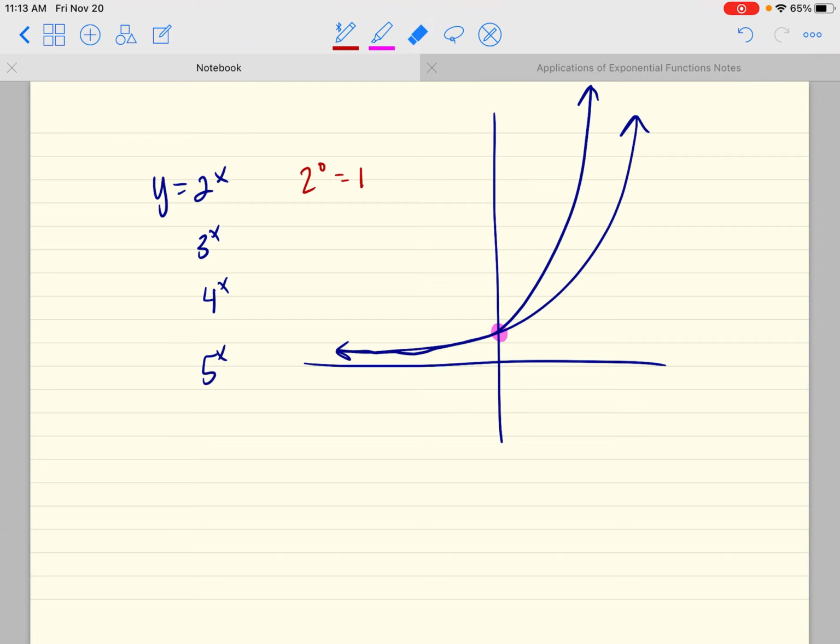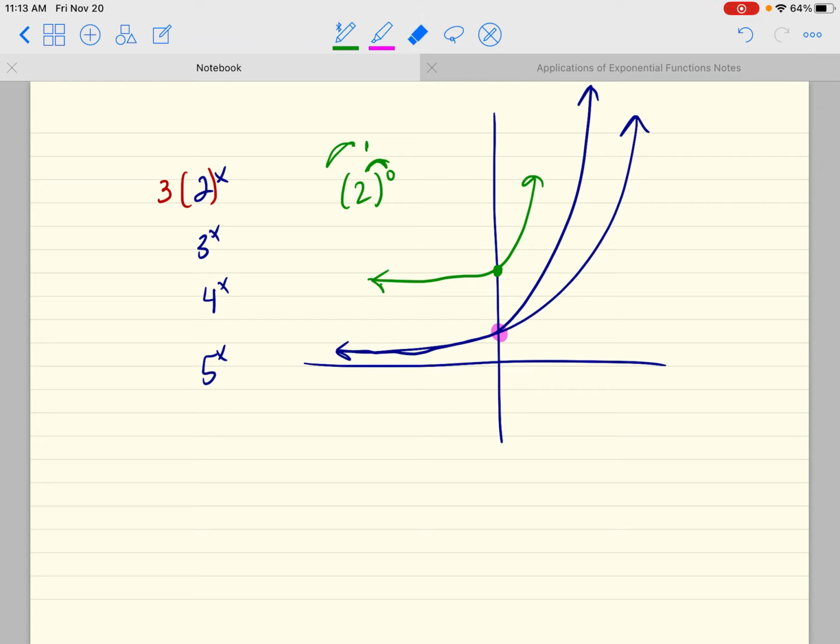Well, if I put a number out in front of that 2 to the x power, so let's say I put a 3 here, then if I put 0 in now, anything to the power of 0 is still going to be 1. So 2 to the power of 0 is 1, but now if I multiply by 3, my graph would start up here at 3 instead. The rest of the shape would be maintained.